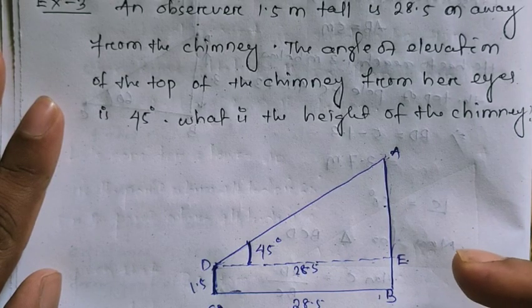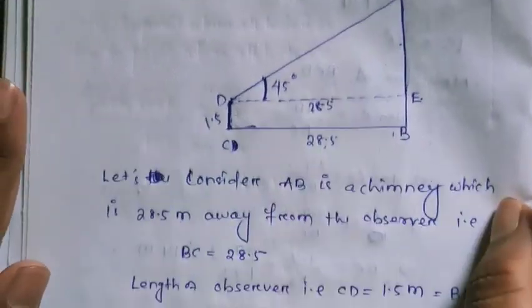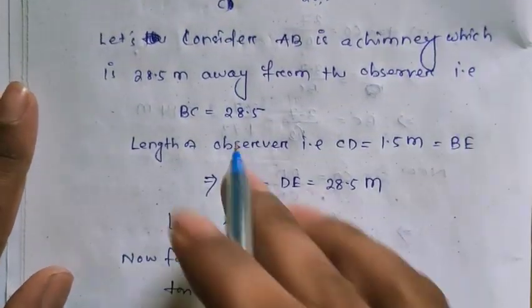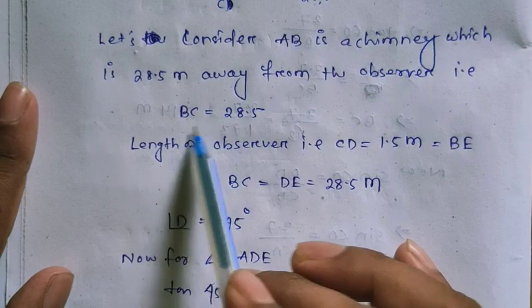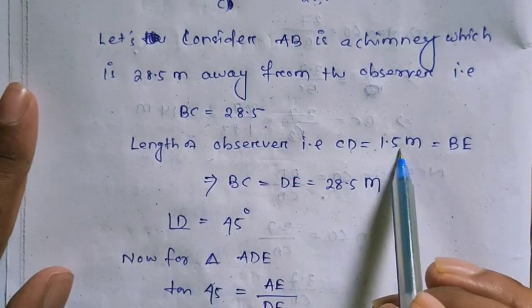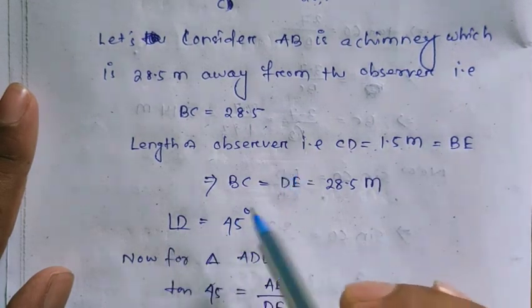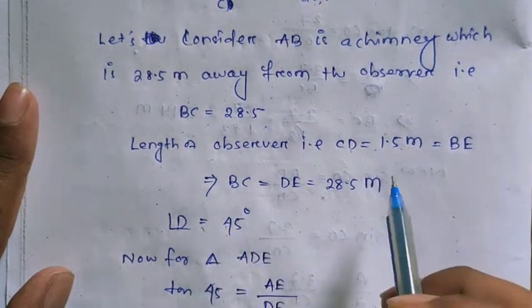Understand? Okay, so here BC is equal to 28.5. The height of the observer, CD, is 1.5. So here angle D is 45 degree, that is the angle of elevation.